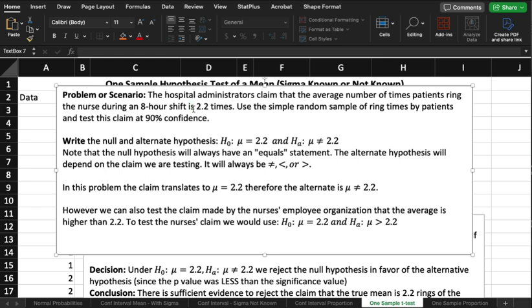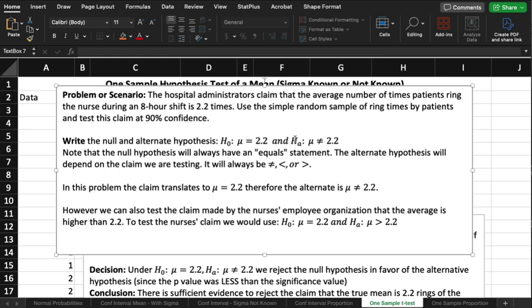If you can replace the word is in the claim with the word equals and it still makes sense, so the sentence is equivalent in meaning to what you started with, then the claim is the null hypothesis. The administrators are not saying that the mean is larger or smaller than something.